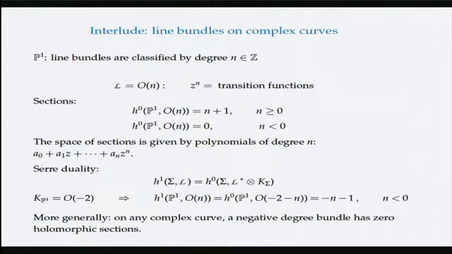There's another little piece of information that we need, which is this K sigma to the half that appeared, for the P1. We said yesterday for the P^n, there's only really one class, which is the hyperplane class, and the canonical bundle is given by minus n plus 1 times the hyperplane class. So here, this means K of P1 is actually minus 2H, so this is a degree minus 2 bundle.